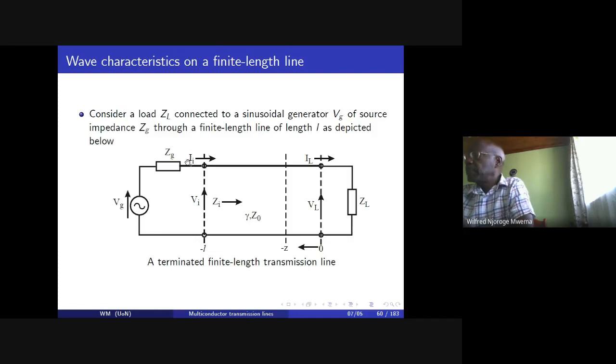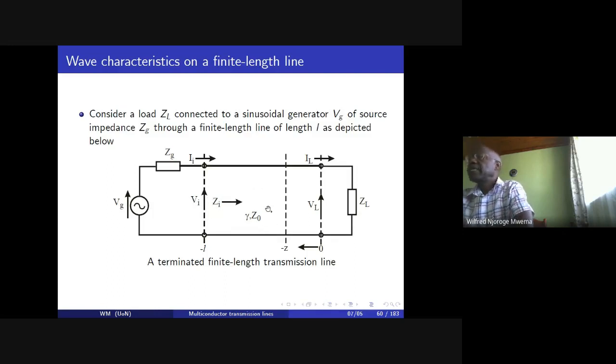The input current at the reference plane to the line is Ii, and the input voltage across the inputs to the line is Vi. Therefore, if you look into the line toward the termination, that is ZL, you would see an input impedance Zi.